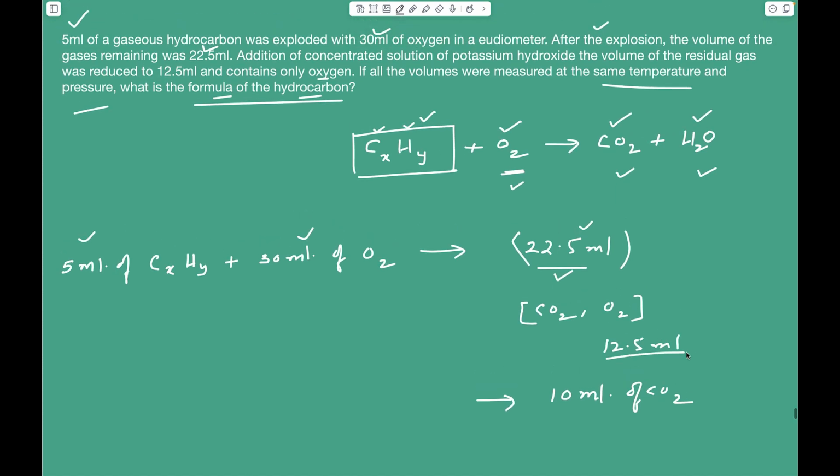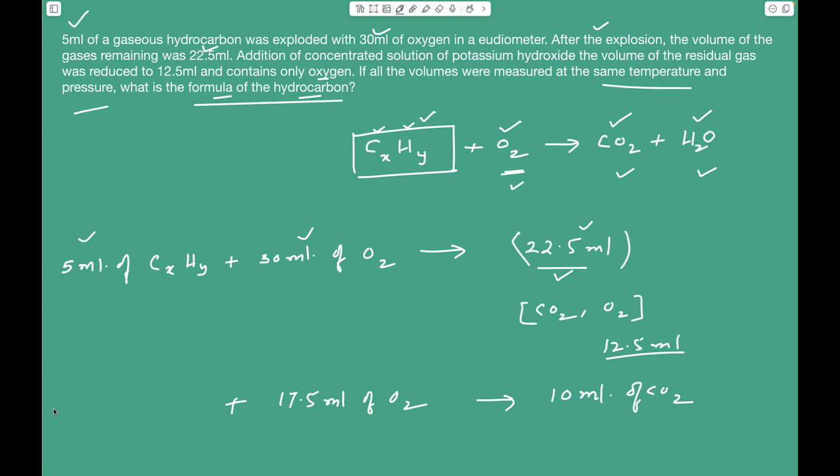Now if 12.5 ml of oxygen is left behind and 30 ml of oxygen is what we have started with, then what is the volume of oxygen that participated in the reaction? 30 minus 12.5, right? So that would be 17.5 ml of oxygen.